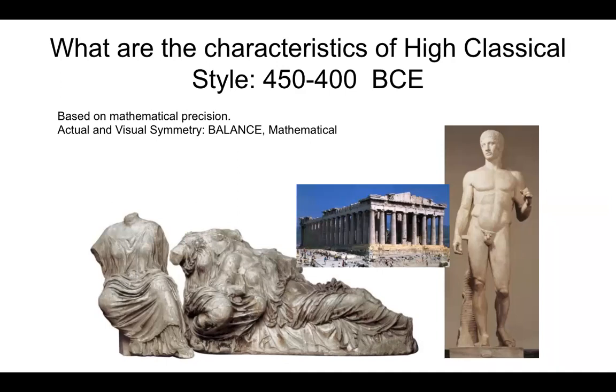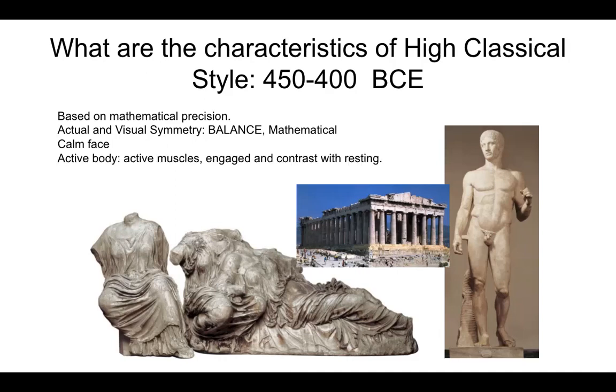But in the human form, even though it's not mirrored, it's that sense of balance of the active, active, passive, passive, right? The engaged and the relaxed, right? That calm face that we mentioned is very characteristic of high classical sculpture.